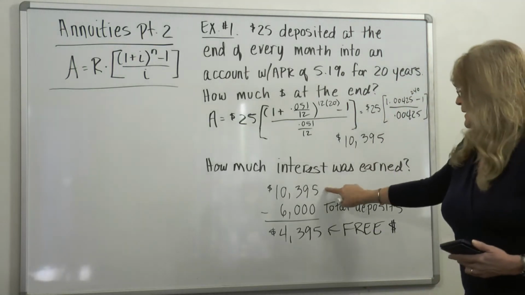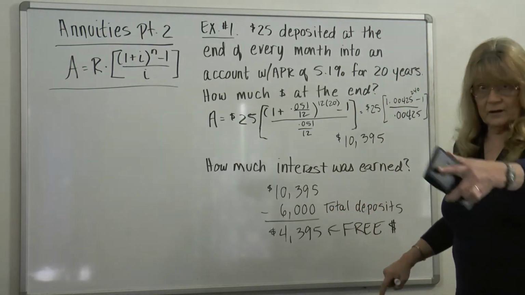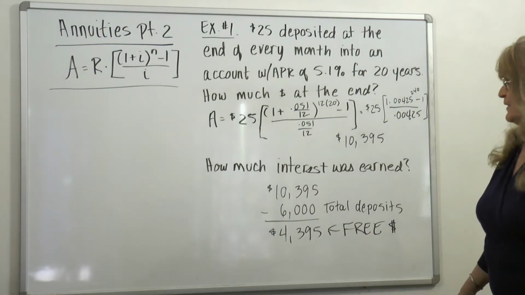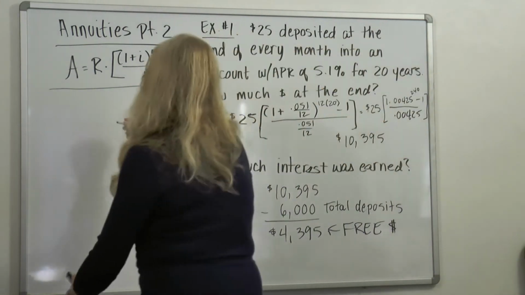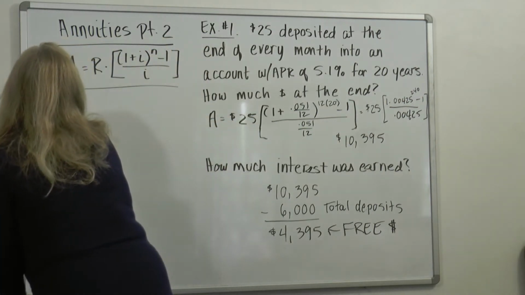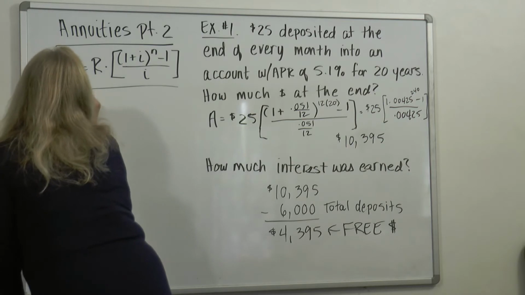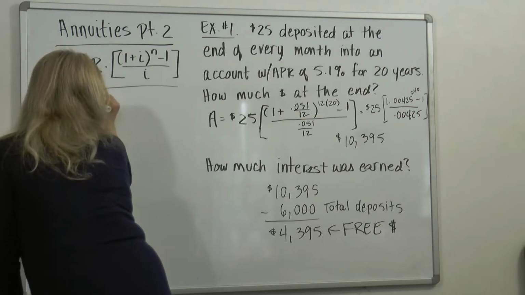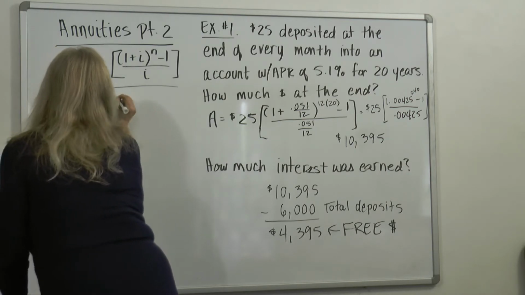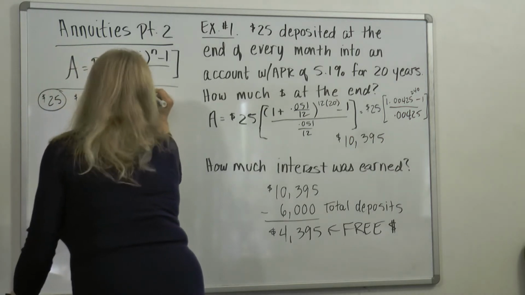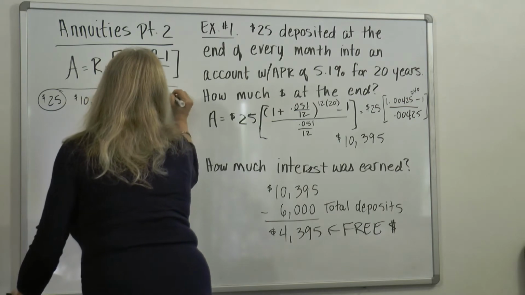So I take my ending balance minus how much money I actually put in. The rest of it is what the bank gave me, free money. So that's pretty good. So let's write this over here. So with a $25 amount, our ending balance is $10,395, and our interest is $4,395.